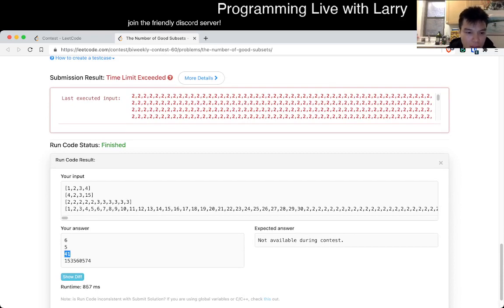Why is it 41? Should be just combinations of 6, right? Is this right? Because there's just 5 on this side, 5 on this. Oh, I mistyped. So okay, there's 30 plus 11. So okay, 41 makes sense.